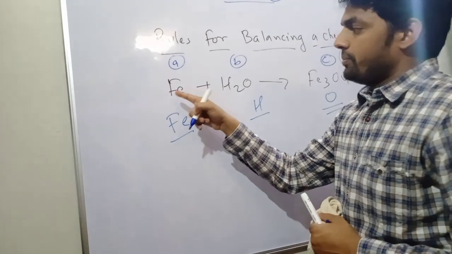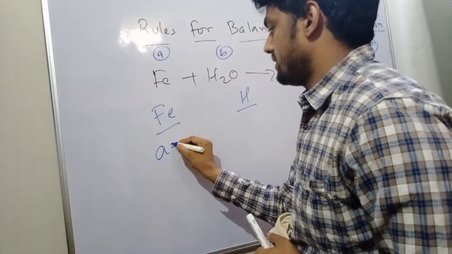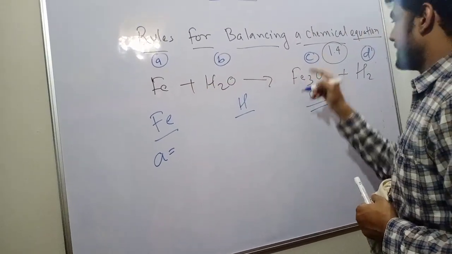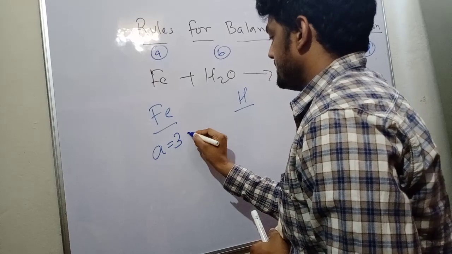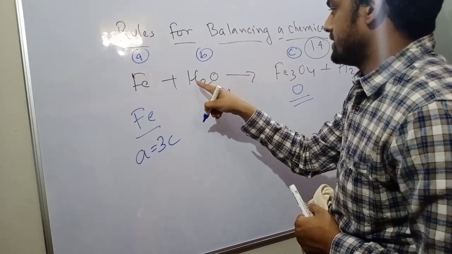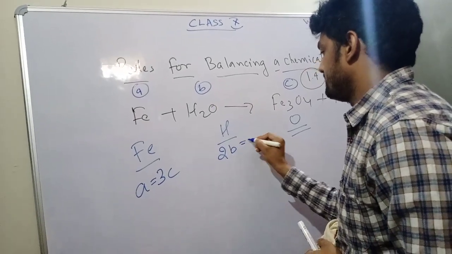How many Fe are here? 1. Then we will write only A. From the product side Fe is 3, and what is the title above it? C. We will write 3C. Hydrogen: number of hydrogen is 2. What is the title? B. We will write 2B.